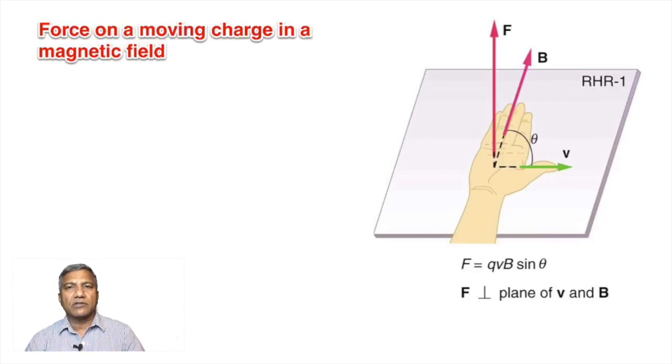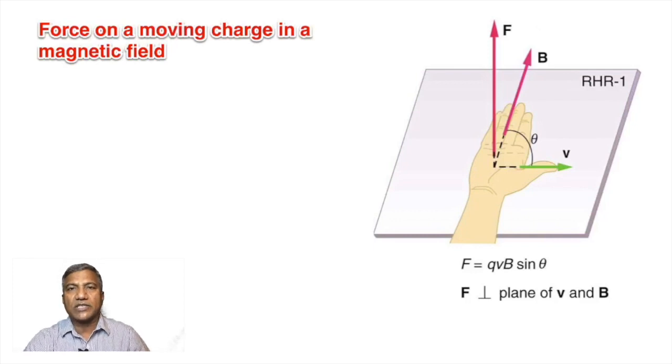Now let's consider that Q is the charge of the particle. Its velocity is v meter per second, and the force acting is F. So the formula for this force is given by QVB sine theta.